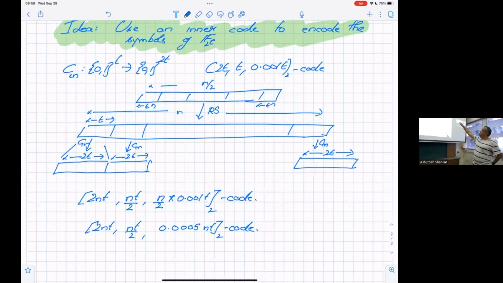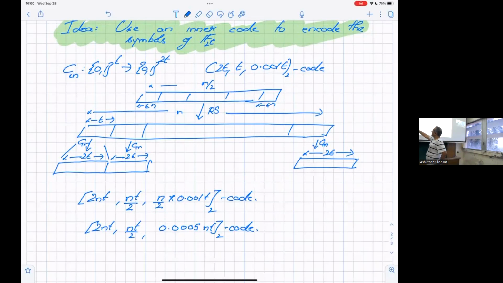So notice how one constructs such a code. The only way we know how to construct such a code right now is Gilbert-Varshamov, that is, pick it greedily. This is a very expensive operation. Picking greedily, you have to search over the space of code words and then find the code. But because t is small, you have time to search over this space.